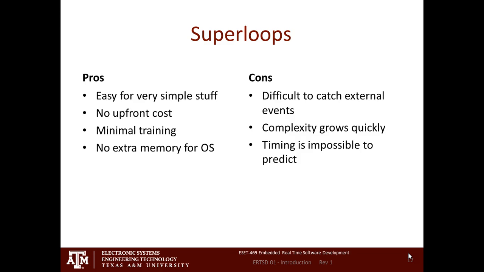If I make this more complicated, if I start doing things like taking commands off of the serial port and changing the scale factor for the ADC port, if I start changing the frequency at which I'm updating the ADC value, if I change whether I'm printing it out as binary or as hex or as decimal, all of those things, when you start adding features like that, it starts getting really, really, really complicated in a super loop.